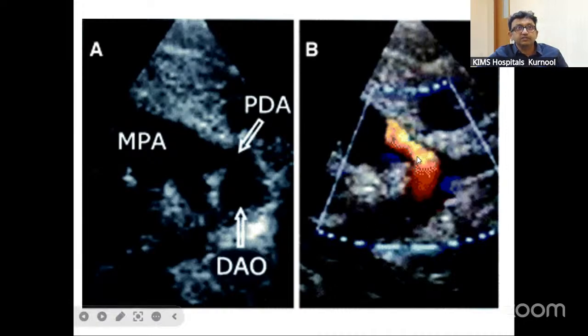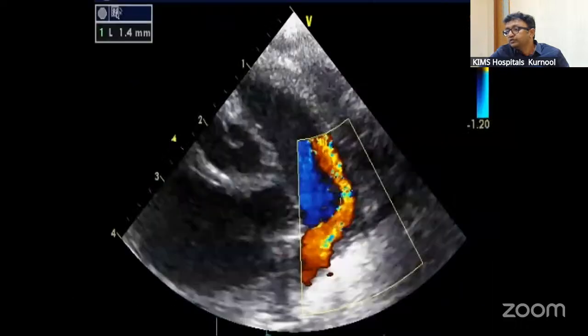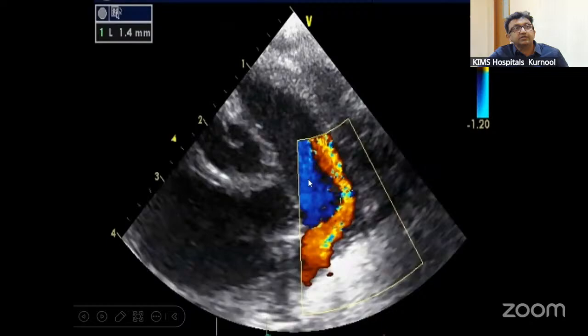Depending upon the turbulence, you might see different colors. The smooth flow will appear red. If there is turbulence, you might see slightly orange or yellowish colors. And more bidirectional shunting might appear blue when the blood is shunting from the main pulmonary to the aorta. So this is another view: this is the main pulmonary artery, and this is the duct.